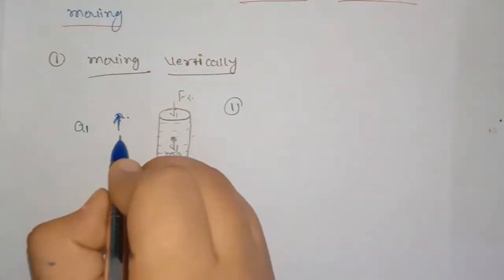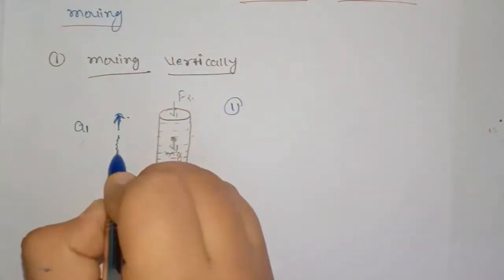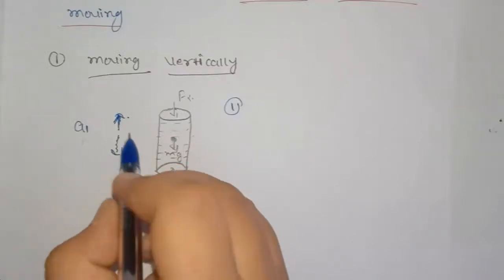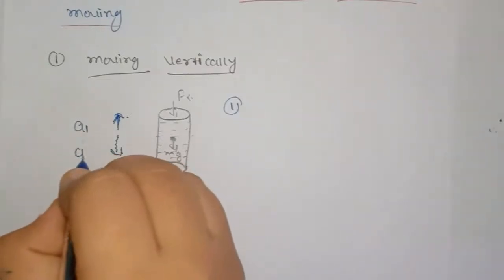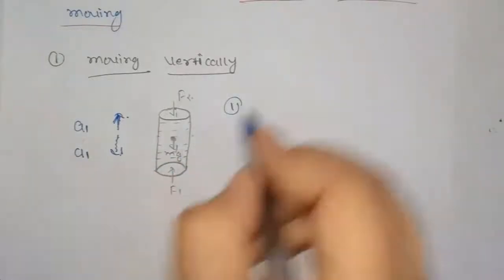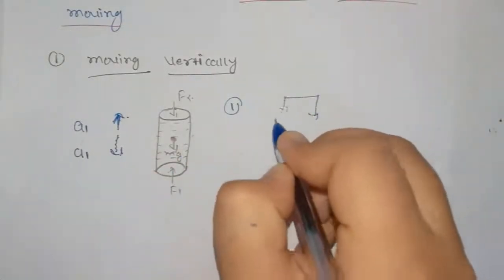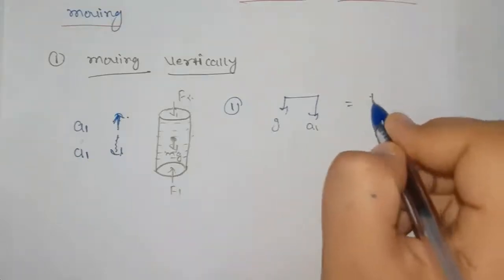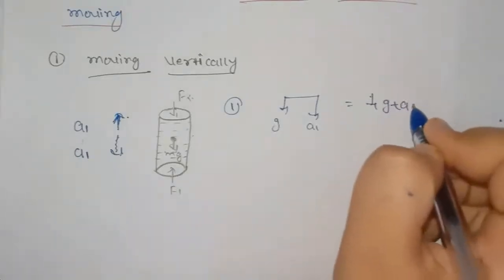For simplicity, we will apply pseudo force. So give acceleration of equal magnitude opposite in direction, a1 in downward direction. So net acceleration in downward direction will be g plus a1.